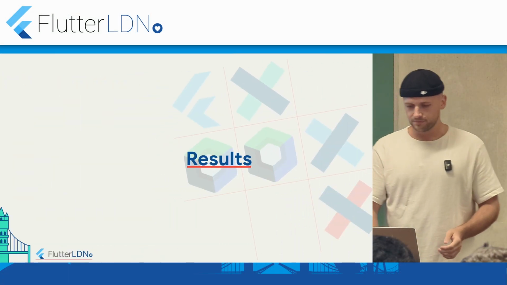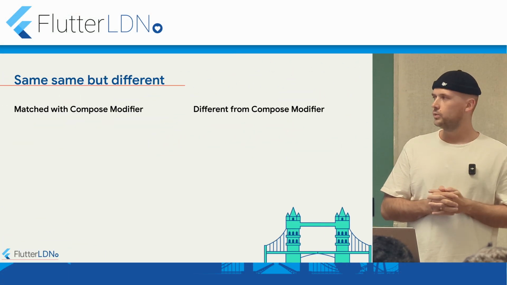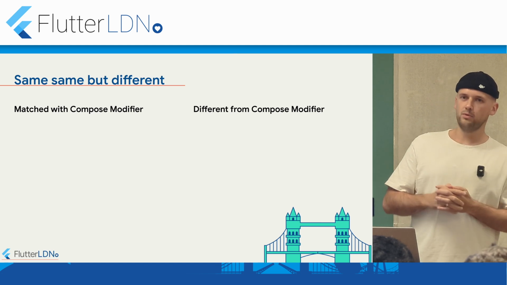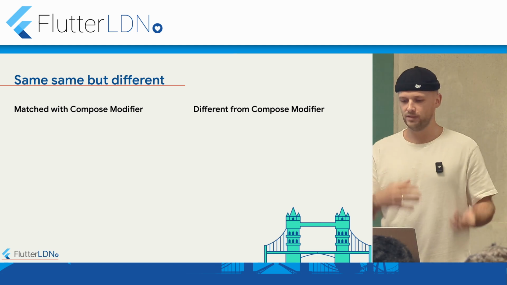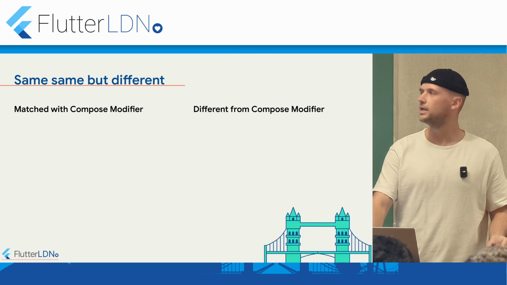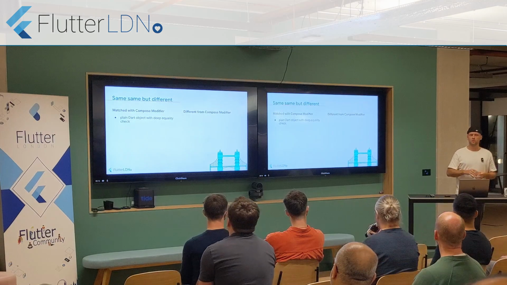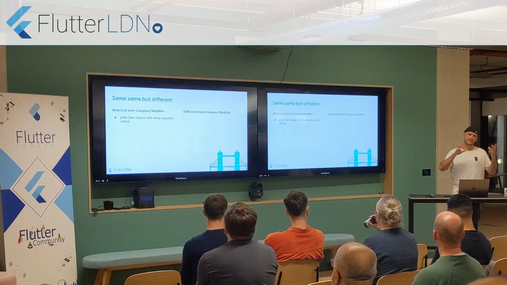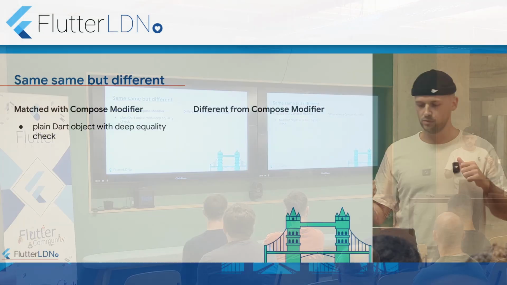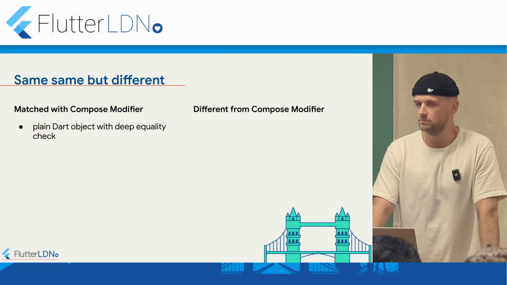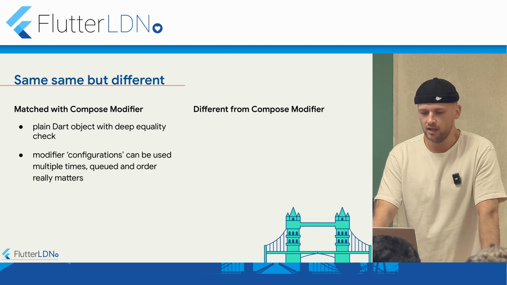What is the result? I would say that we somehow matched with the Compose modifier and somehow we didn't. So what actually matched with Compose? It is a plain Dart object, as well as a plain Kotlin object in Compose. So here we matched perfectly.